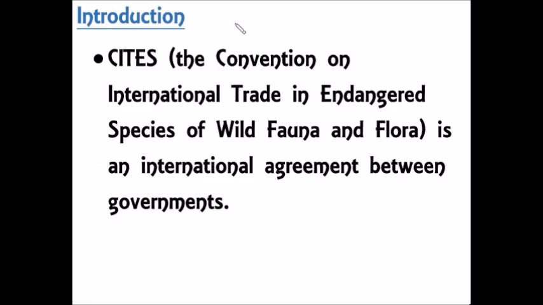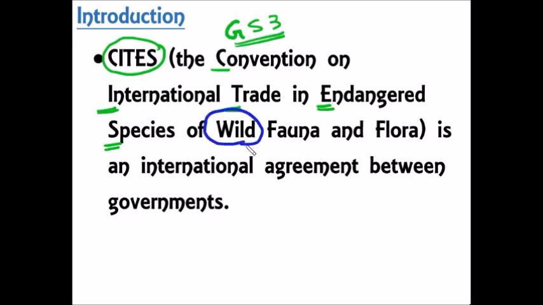If CITES is asked in GS 3, you should give an introduction to CITES. CITES stands for Convention on International Trade in Endangered Species of Wild Fauna and Flora. The word wild is important because while writing the answer in mains, you should not miss the word wild.